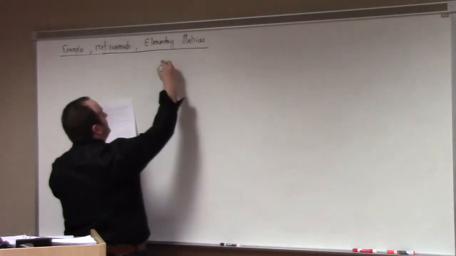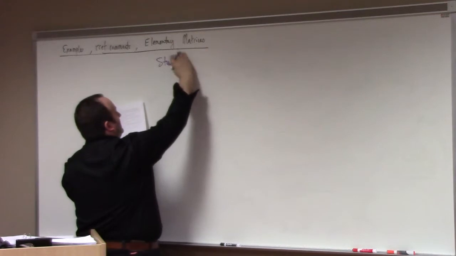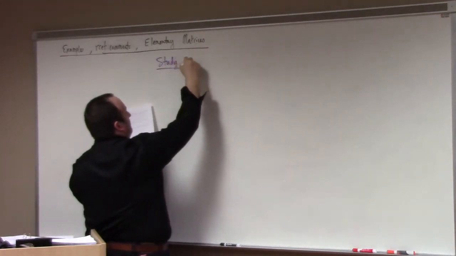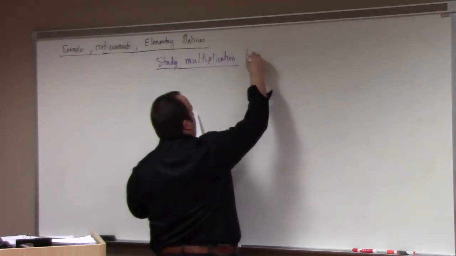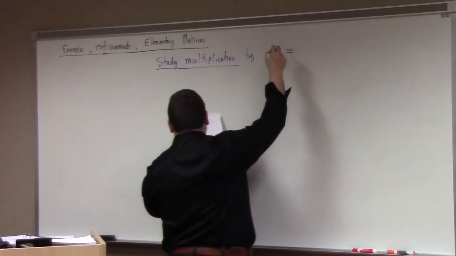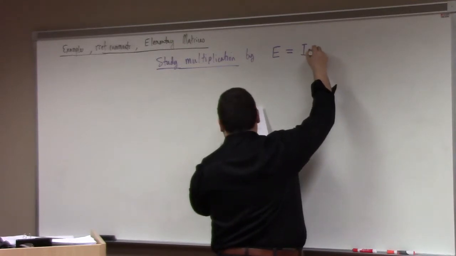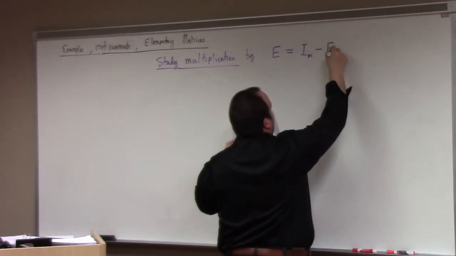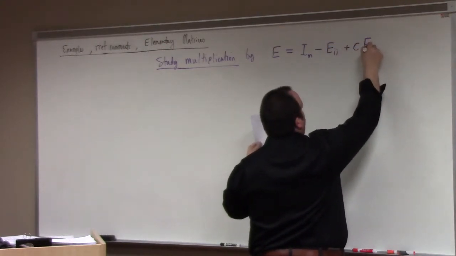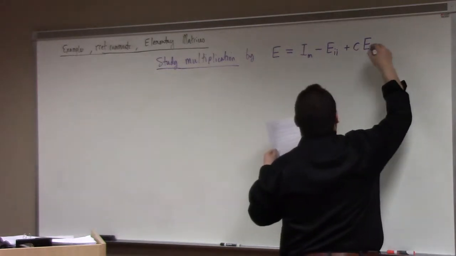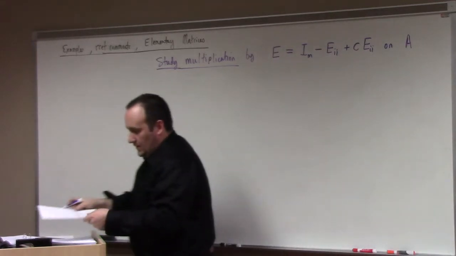So what we're going to do is study multiplication by E, and this E is going to be equal to the identity matrix, M by M identity matrix if you want, I_M, minus E_ii, plus C times E_ii. And we're going to study multiplying that on A, where A is, say, M by N.